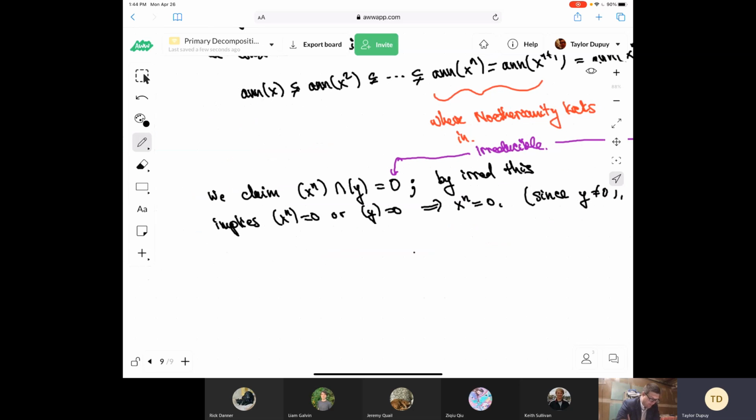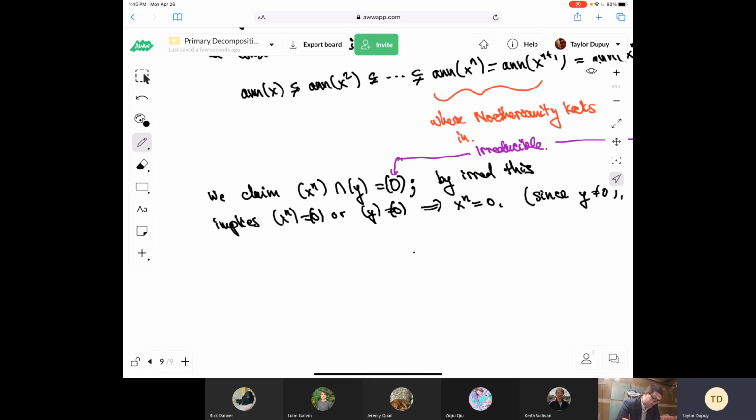So we're using that here, in A mod Q, that this is irreducible. So this is the 0 ideal, and we have the intersection of two things. By irreducibility, this thing is the 0 ideal, or this thing is the 0 ideal, because that's the definition of what it means to be irreducible.